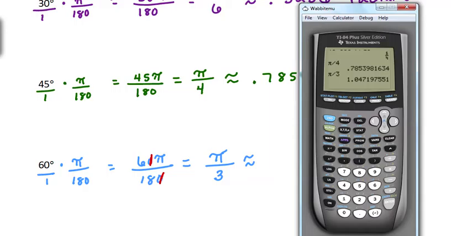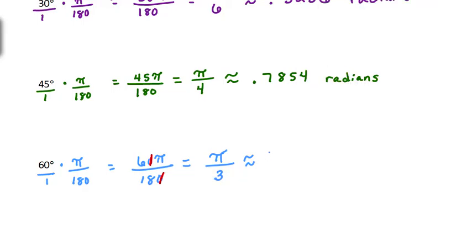Well, 1.047, this 9 says to round that 1 to a 2. 1.0472. Because I'm rounding, I use these little approximate symbols. So 60 degrees is either pi over 3 radians exactly, or approximately 1.0472 radians.